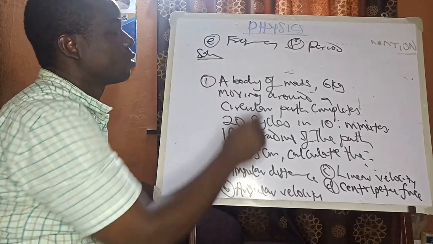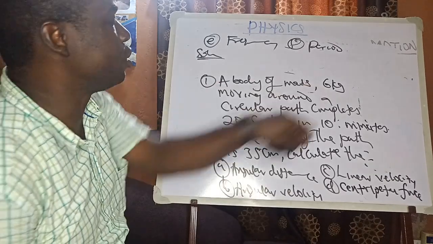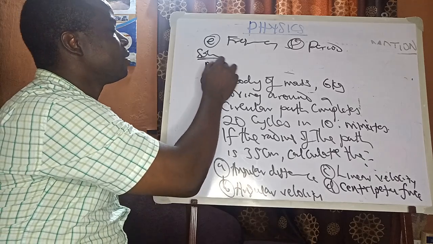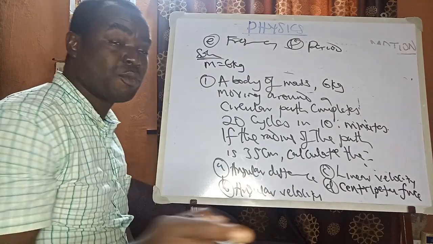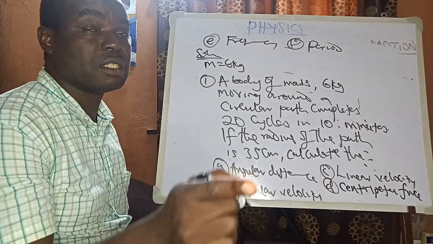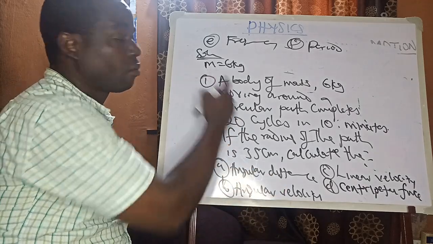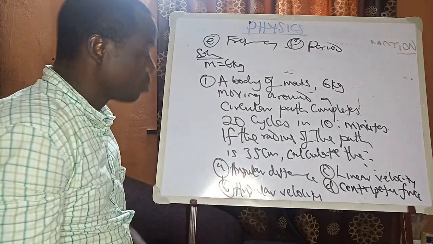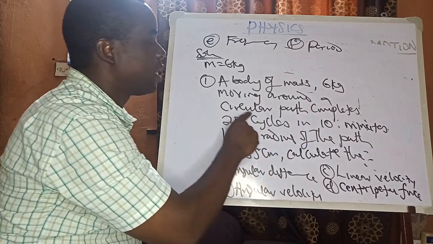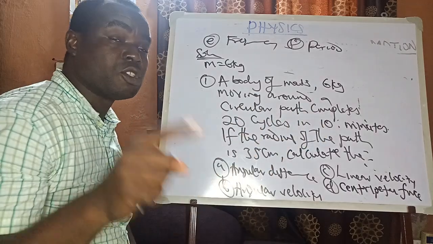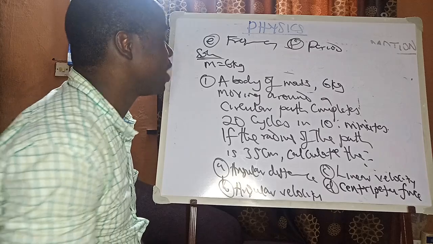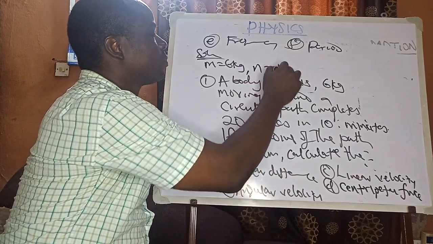It says a body of mass 6 kg. So what it means is that the mass is 6 kg. Check the symbol I gave you in video 1 of this series. Mass is m. Moving around the circular path completes 20 cycles. Number of cycles is n, so you write it as n.